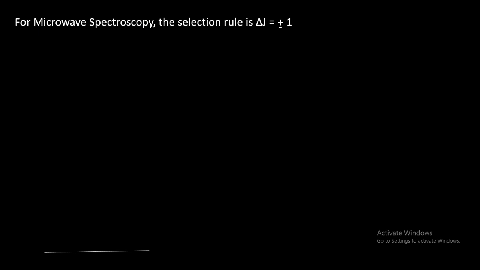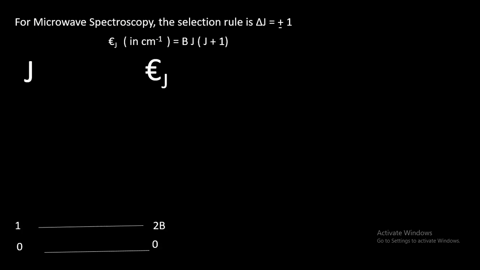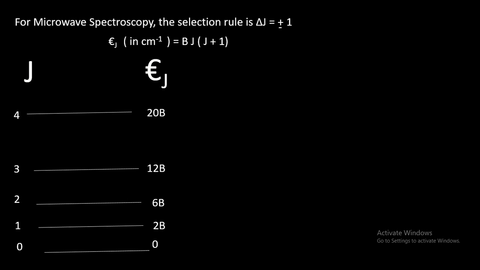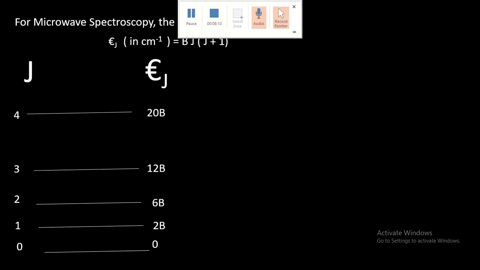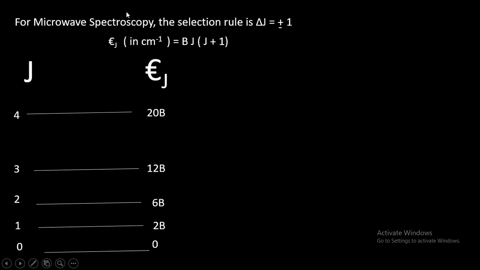Therefore, that is the 0 energy level, first energy level, second energy level, third energy level, fourth energy level. The energy in per centimeter of any level is determined by the formula bj(j plus 1). So for the 0 energy level, j equal to 0, so 0 into the whole term becomes 0.